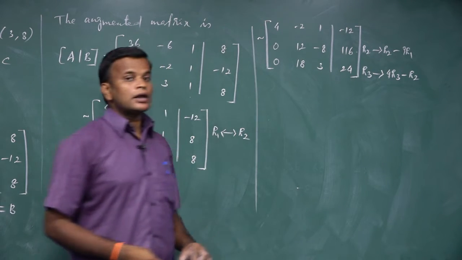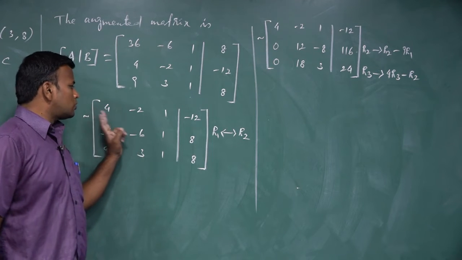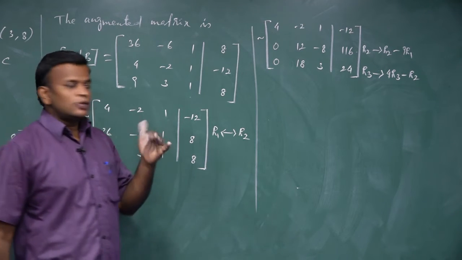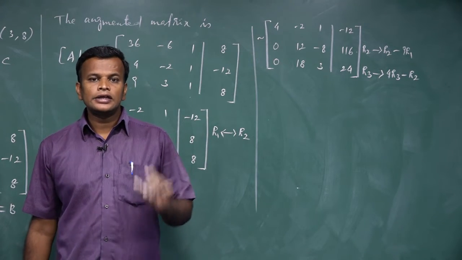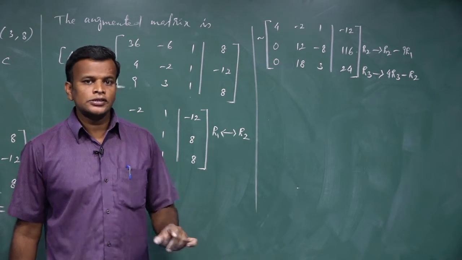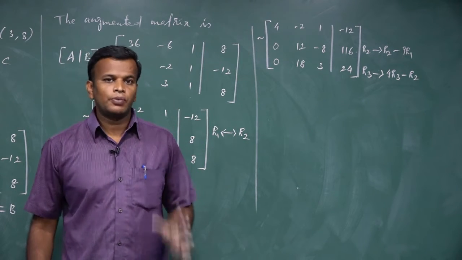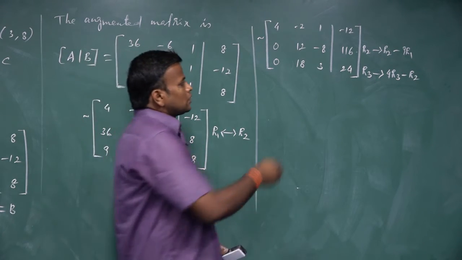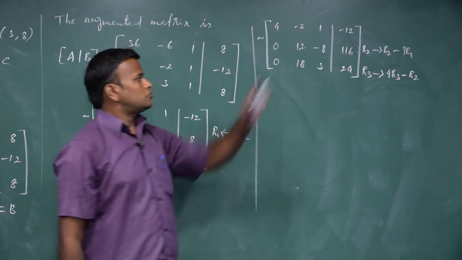So to convert to equivalent form, first we check the first row, the first element is a non-zero. Next we convert these two elements to 0. And the next step is to convert that element also to 0. So it's a process. But you see the numbers are some big numbers: 24, 116, 18, 12.